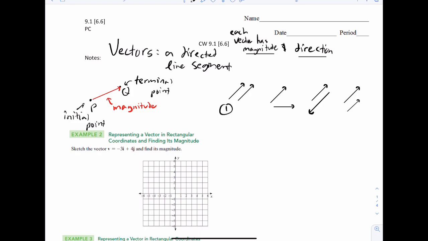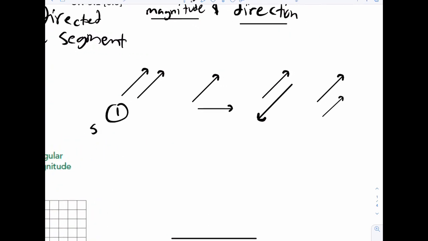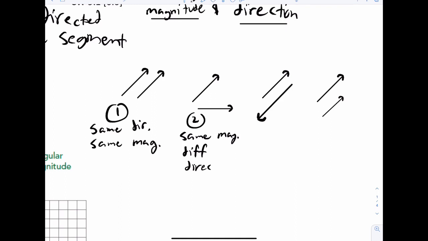Number one is right here. This would be same direction, same magnitude. This is number two, same magnitude, different direction. Three is kind of weird.